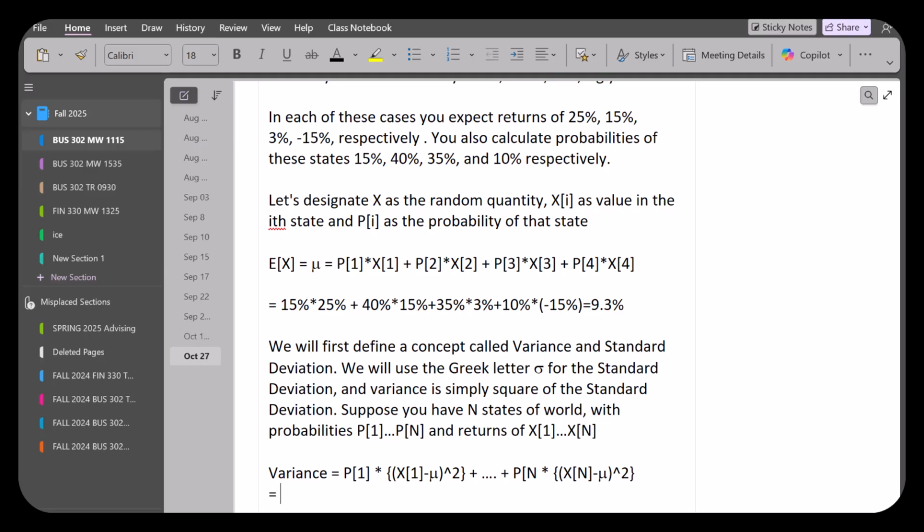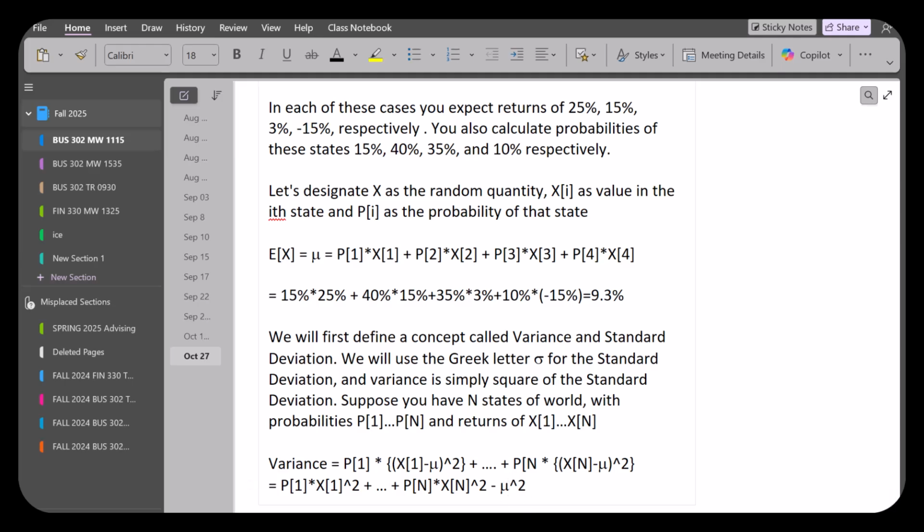This is also equal to P1 times x1 squared plus, for all of them, Pn times xn squared, minus the square of the mean, which means to calculate the variance, I'm going to basically calculate the expected value of the square.